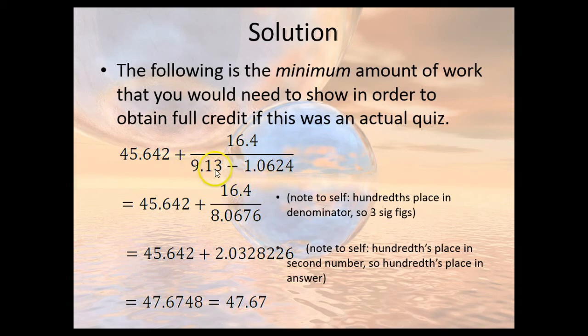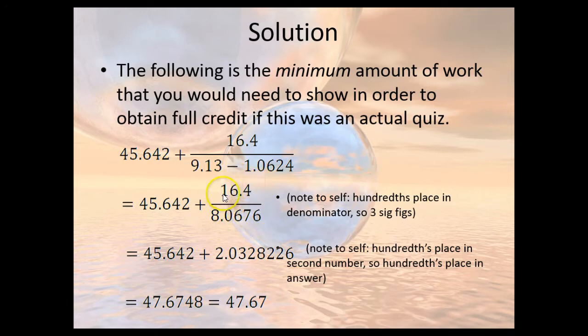Well, 9.13 is only good to the hundredths place. So this number right here is really only good to the hundredths place. Again, don't round early. You can't round this to 8.07. That'll give you a wrong result potentially in the end. But keep in mind that this is good to the hundredths place. Now you're about to do a division problem.